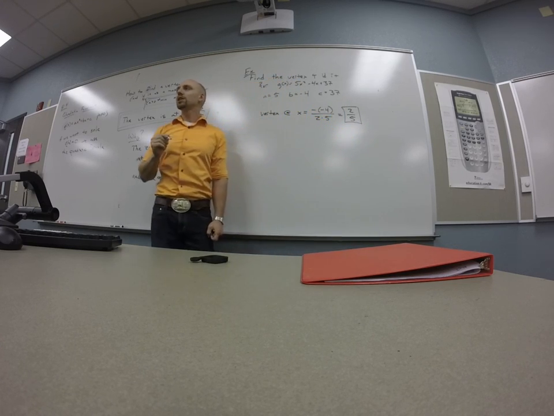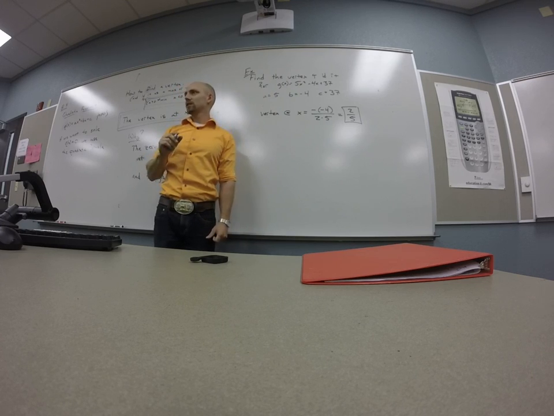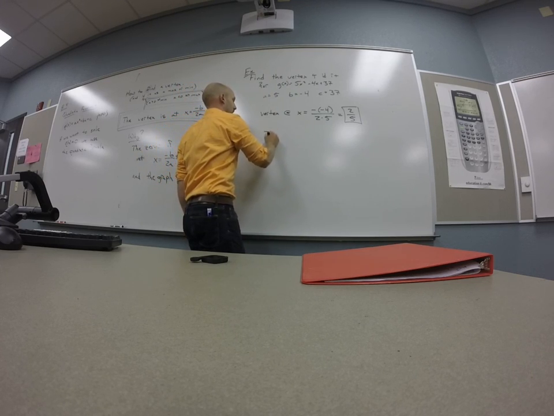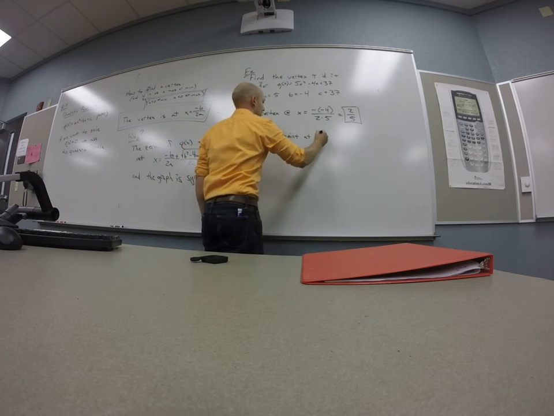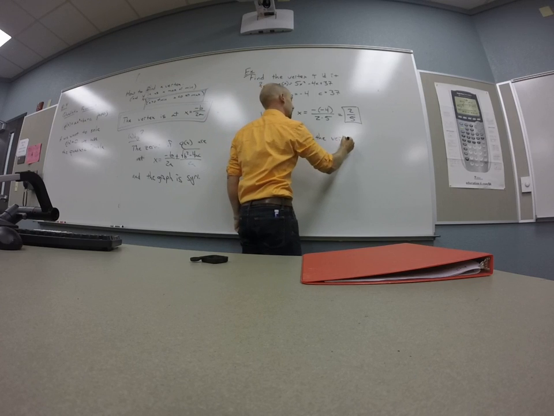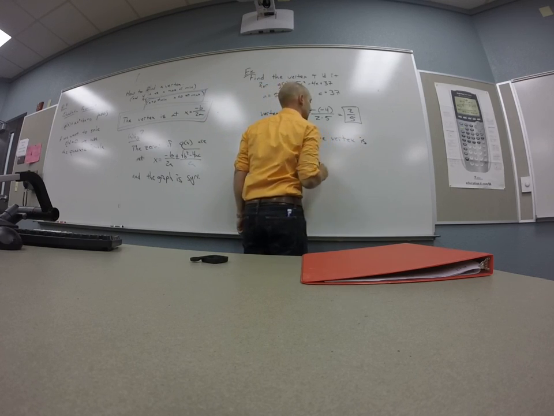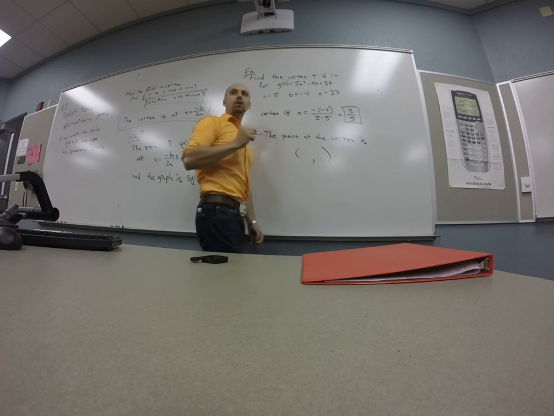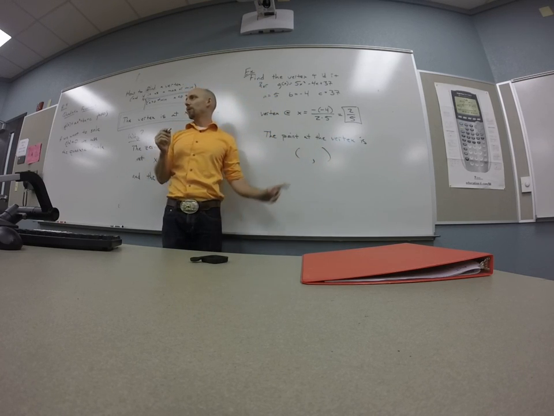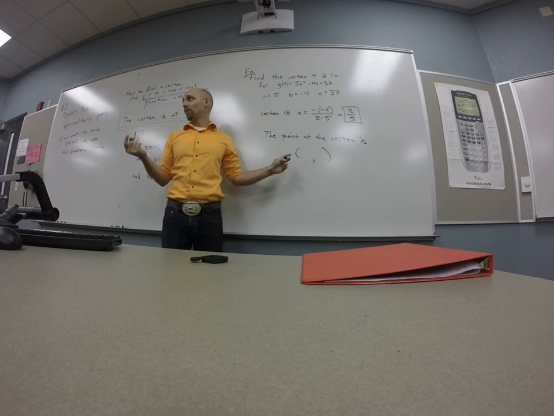Okay? What's the point at the vertex? Right, that should be an ordered pair, right? Keep in mind this is ordered pair, not interval from earlier.